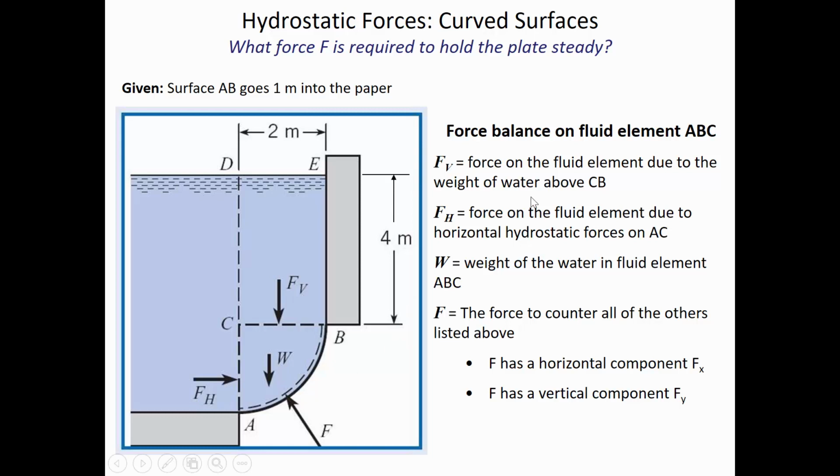Okay, so what we're going to do is go through the steps of calculating what is the weight of the water in this element B, C, D, E. So if we think about what's the shape of that element, it's going to be a shape that has a width of 2 meters, a height of 4 meters, and then into the page we have this 1 meter depth, and so there's water in that element.